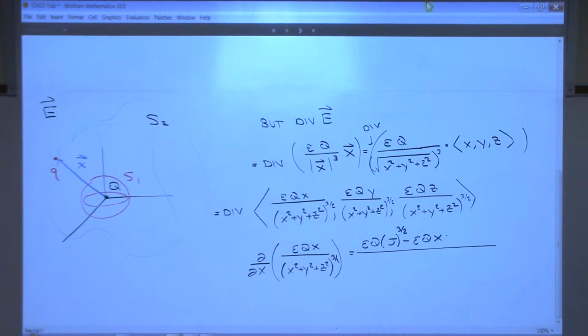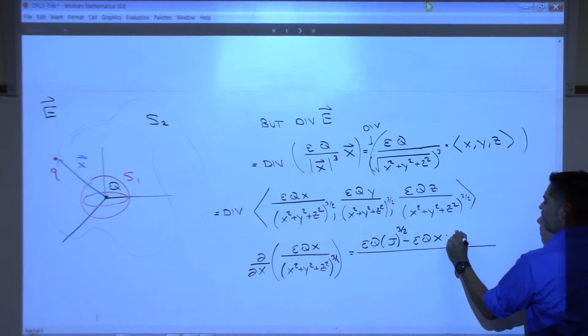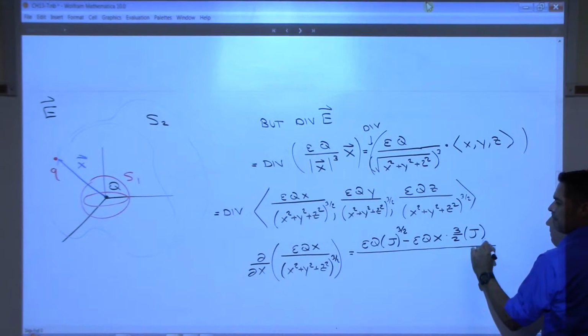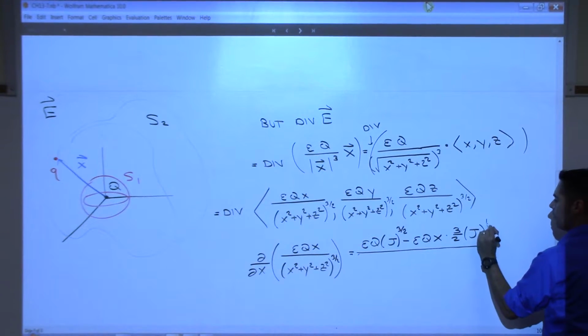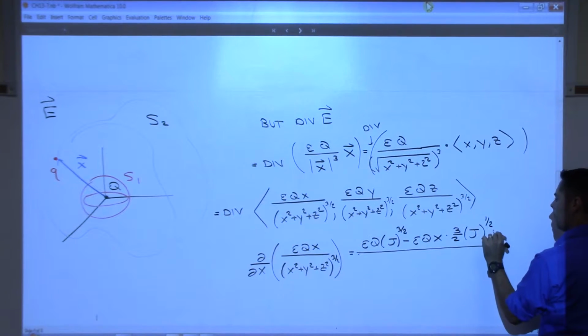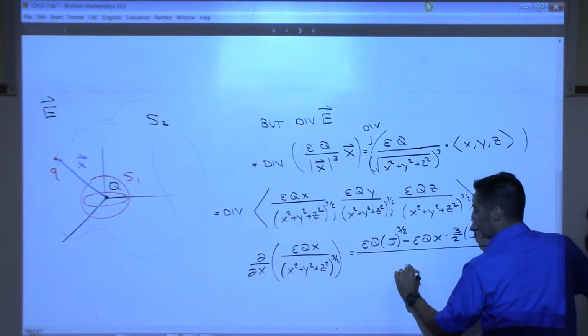All right, well, the derivative of this is 3 halves the junk to the power, which came down, so 1/2 times 2x, all over this.